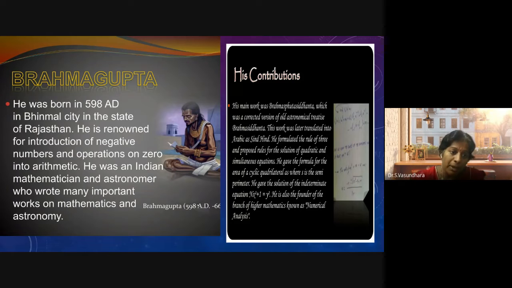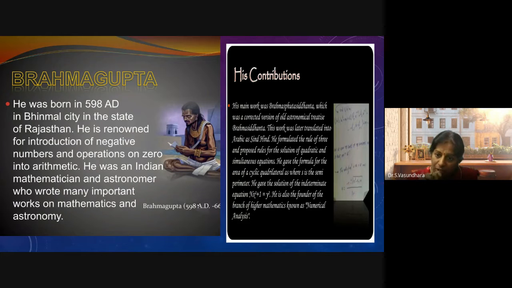Brahmagupta was born in 598 AD in Bhinmal city, state of Rajasthan. He is renowned for the introduction of negative numbers and operations on zero into arithmetic. He was an Indian mathematician and astronomer who wrote many important works on mathematics and astronomy.